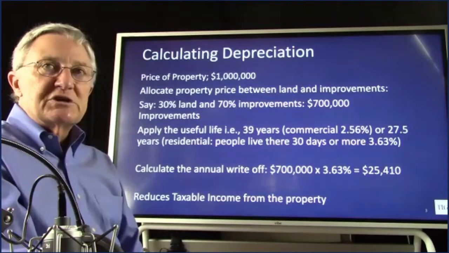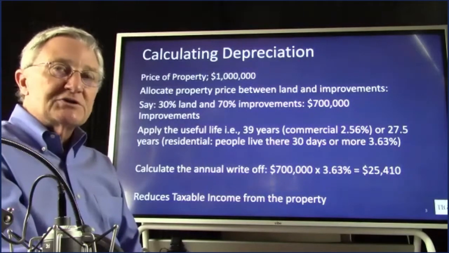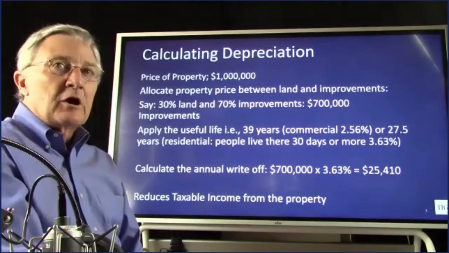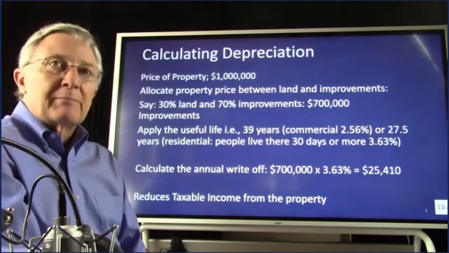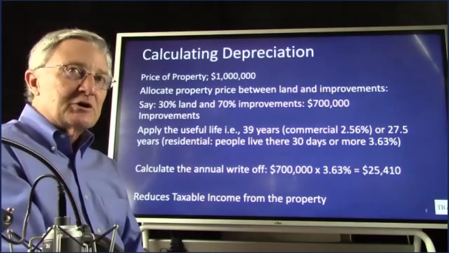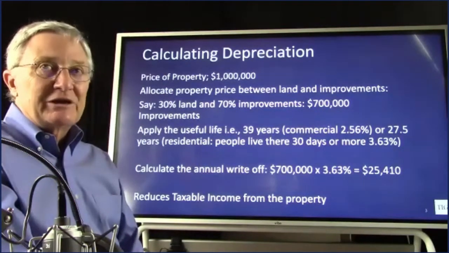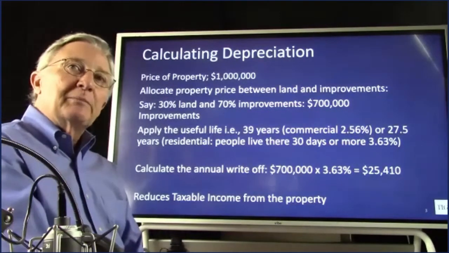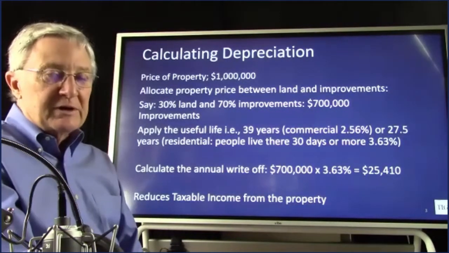And so you can see, if your goal is more depreciation faster, you always get 100% if you hold the property the full length of time, but you will get faster depreciation and a bigger amount each year if you buy an apartment building or something where people live in it more than 30 days at a time.